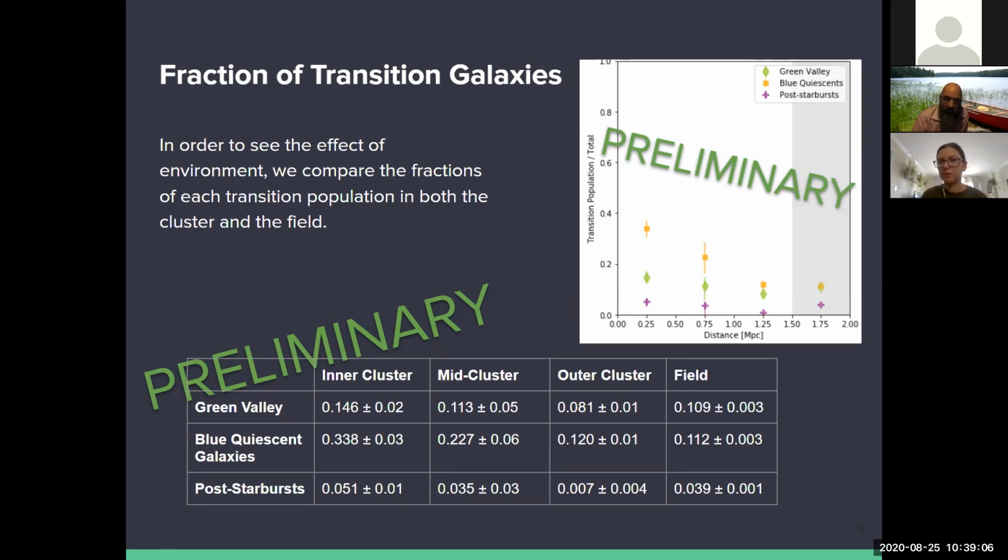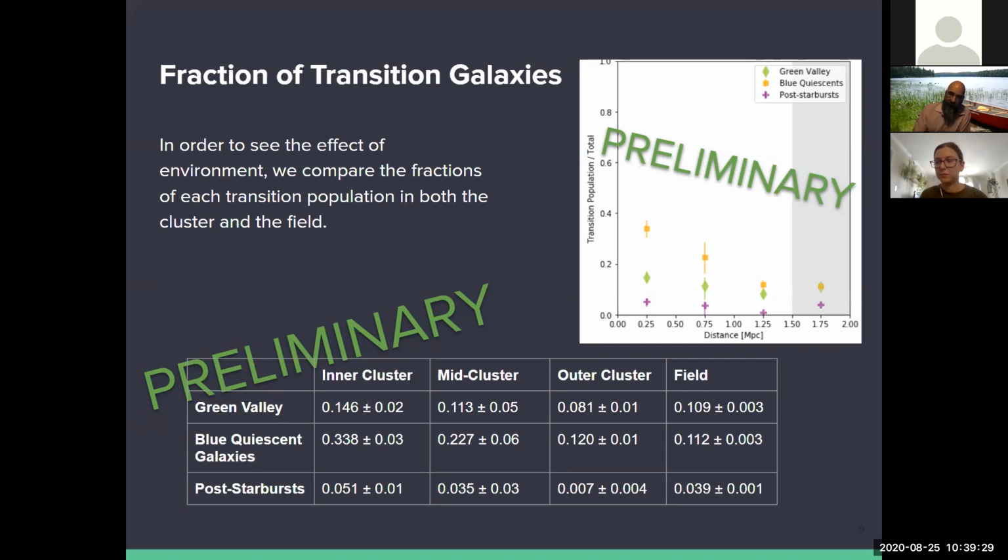I think one of the interesting questions with regards to these transition galaxies is what is the right thing to put on the denominator? It depends a lot on what your hypothesis is for what's happening. For example, if you think that these really are transition galaxies going from the blue to the red population, then what might be interesting is how many of them there are relative to the blue population.